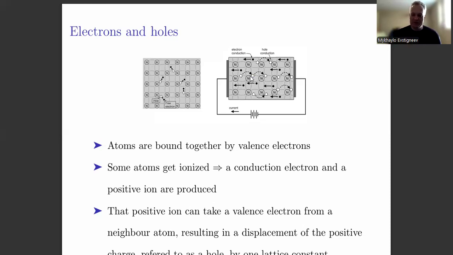So it does behave as a positively charged particle. And so those positively charged particles are the holes. So we have two types of charge carriers: electrons that move against the electric field and positive holes that live near the top of the valence band, which are the positive charge carriers moving along the electric field.